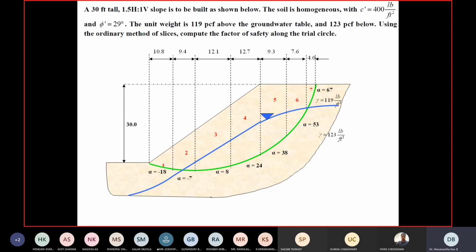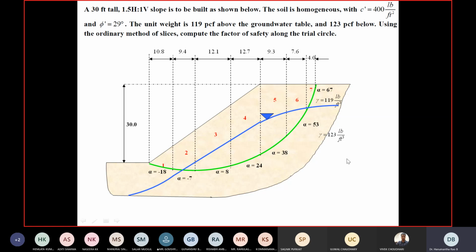So here it is clearly mentioned you should use the ordinary method of slices. You know the equation for the ordinary method of slices, so note down that equation. In fact, they have readymade given the total height of the embankment as 30 feet.